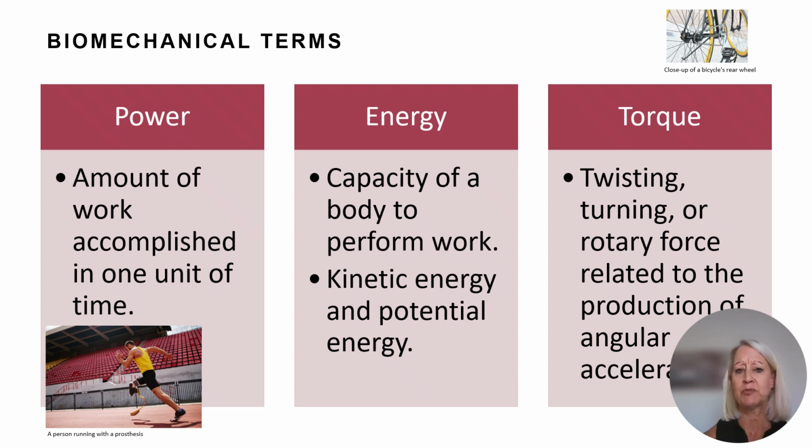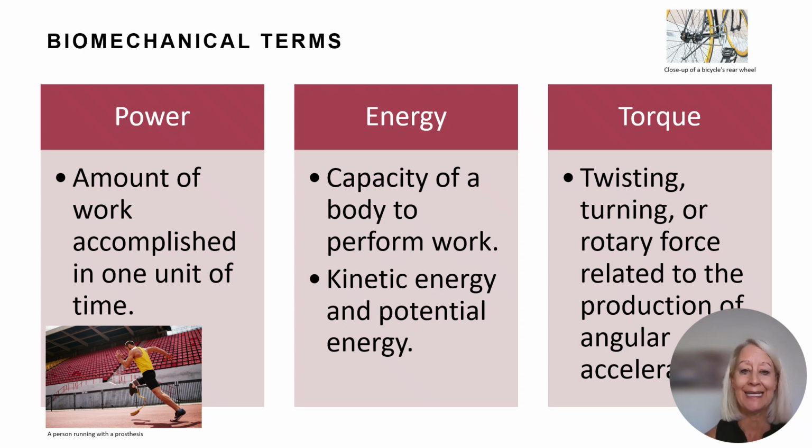And so oftentimes we'll utilize jump training to help improve our vertical jump. You'll also use a lot of other techniques as well with plyometrics to help increase power. Energy is the body's capacity to do work, and it comes in two forms.